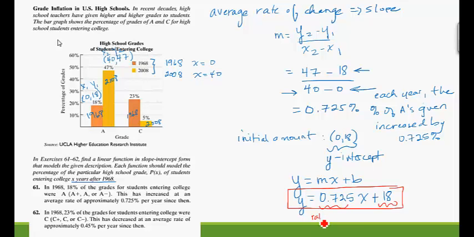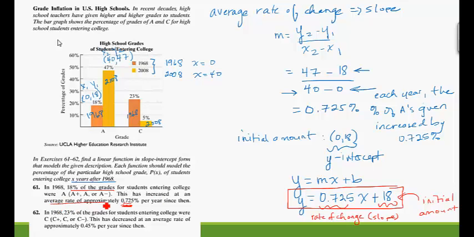So your rate of change or your slope, and then this is your initial amount. Now, the actual problem, you'll notice, actually gives you this amount. You don't have to find the slope, but I wanted you to see it worked out here. So the problem says in 1968, 18% of the grades for students entering college were A. This has increased at an average rate of change.